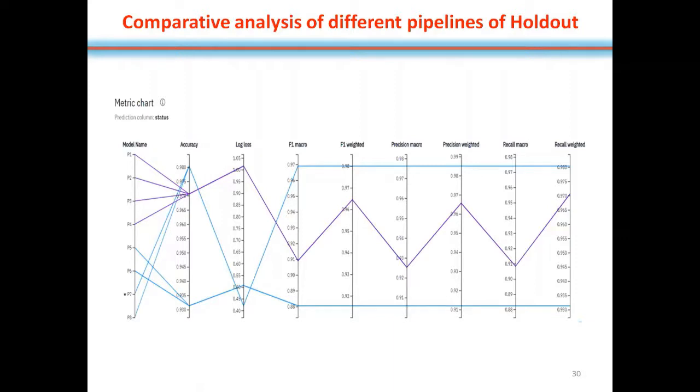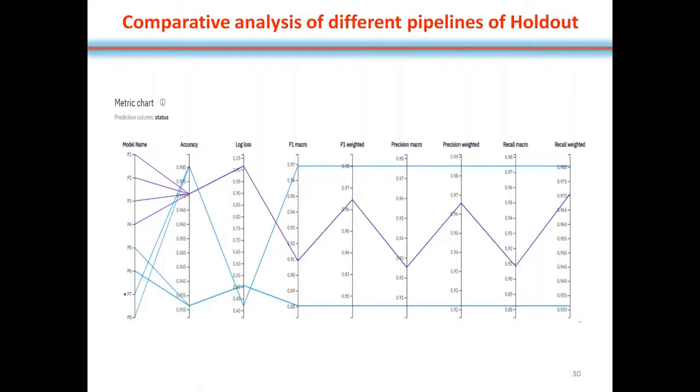Cross-validation works like this: the dataset is divided into n number of parts. One part is considered for testing and all other parts are considered for training. After training, the testing part is used for validation, and this continues up to n number of times.